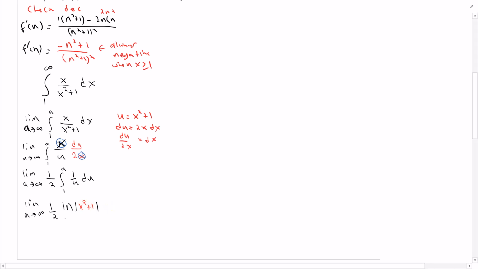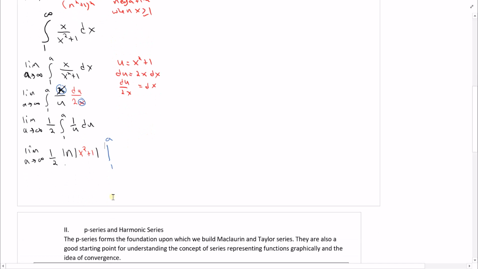And then this will be evaluated from 1 to a, right? And then we can go ahead and plug in the a and the 1. So this is going to be limit a goes to infinity, 1/2 natural log of a squared plus 1, minus 1/2 ln 1 squared plus 1.